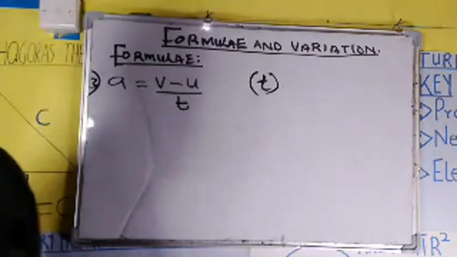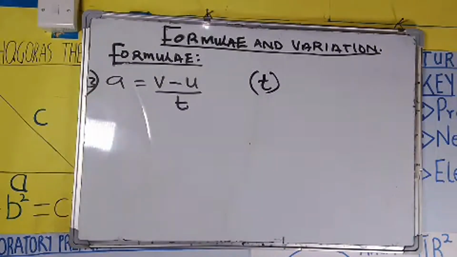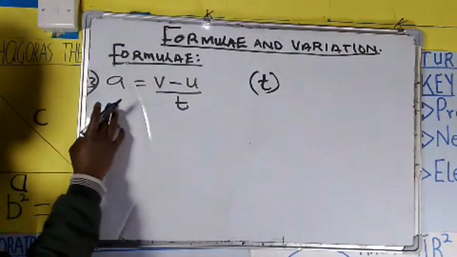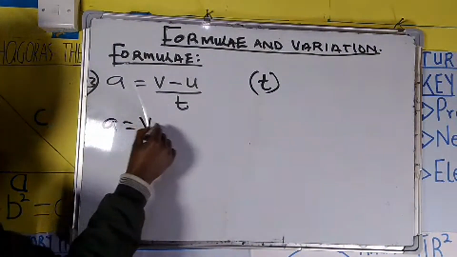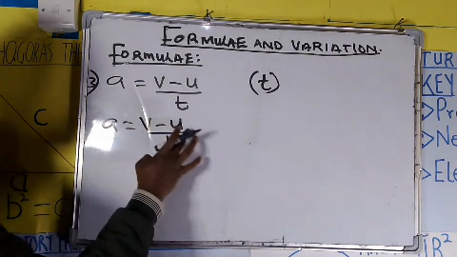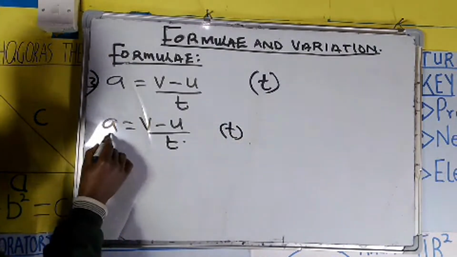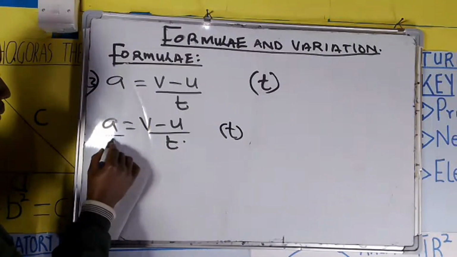I want us to make T the subject of our formula. Good, let us continue entering. So we have A is equal to V minus U over T, and we want to make T the subject of our formula. A is the same as A over 1.